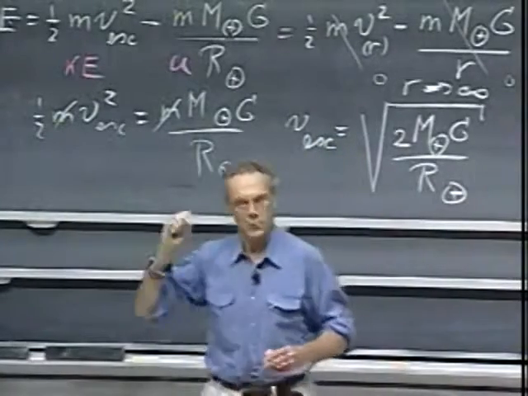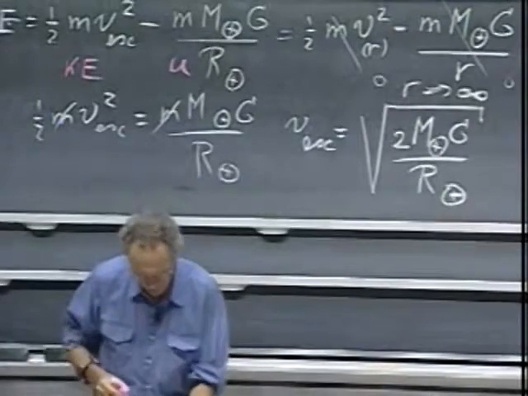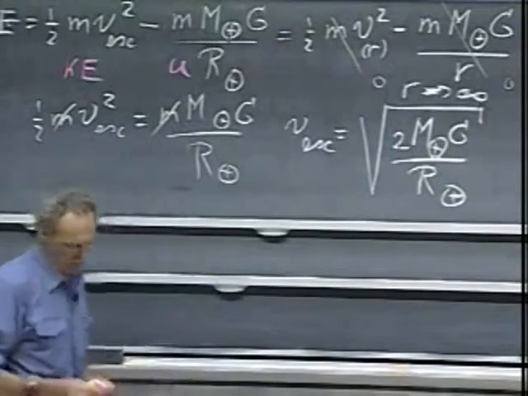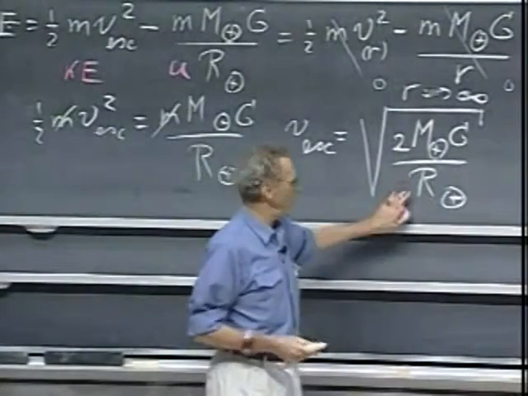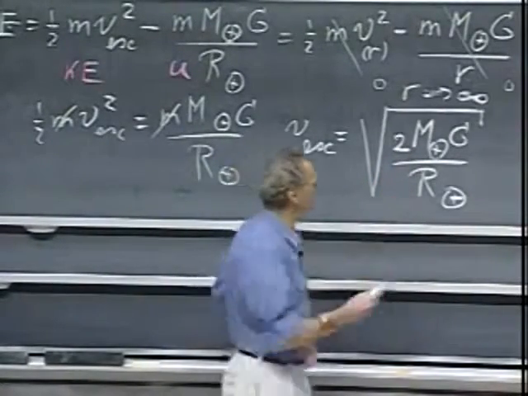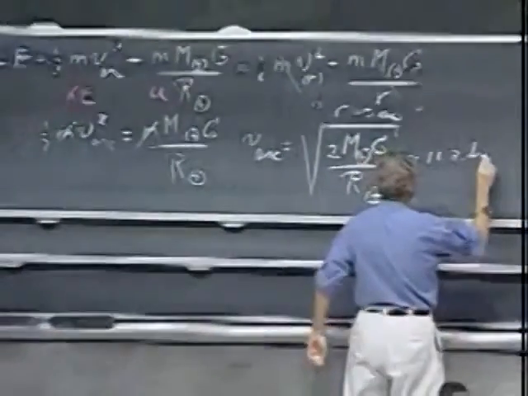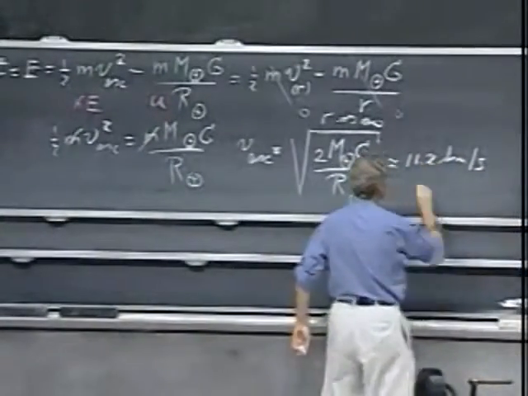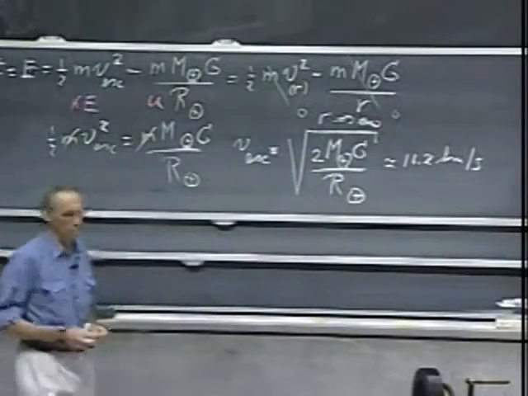And this is enough, it's sufficient to get you all the way to infinity with 0 kinetic energy. If you substitute in here the mass of the Earth and the radius of the Earth, then you will find that this is about 11.2 kilometers per second. That is the escape velocity that you need. It's about 25,000 miles per hour. Again, we assume that there is no air that could interfere with you.